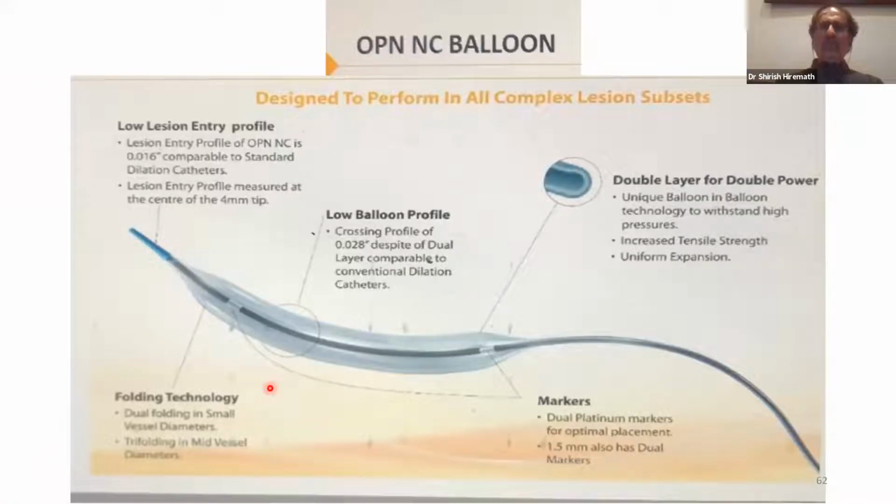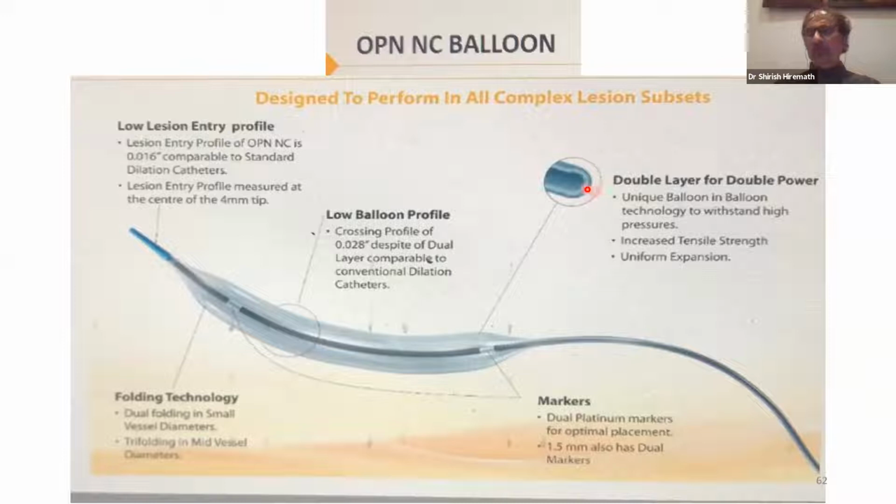So a little bit about this OPN balloon. It has a fairly narrow entry profile, so it can get in easily through a minimal opening, which you may have achieved with a non-compliant balloon. Overall balloon profile is less, and it has this double layer.